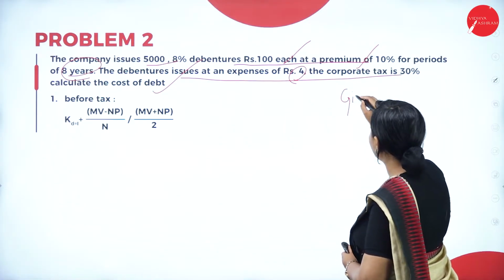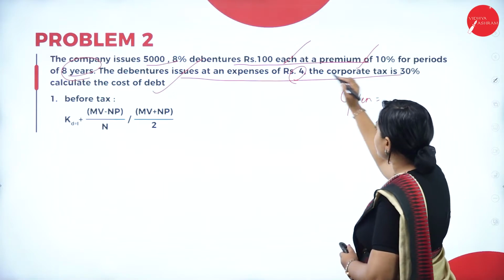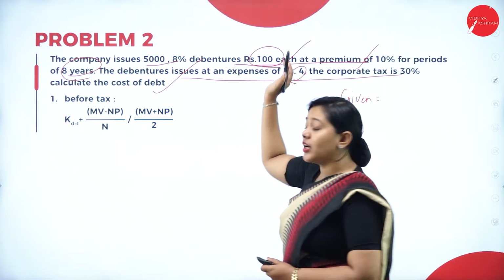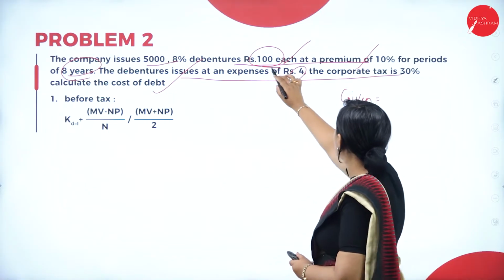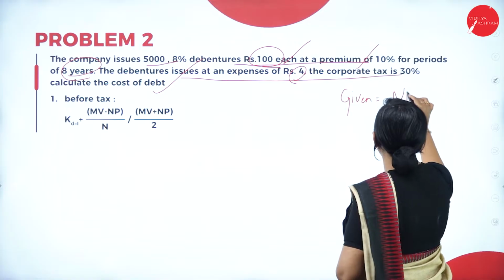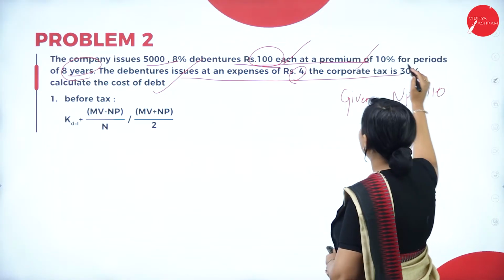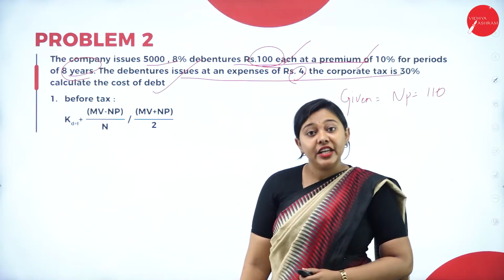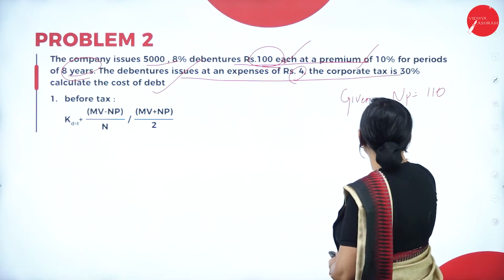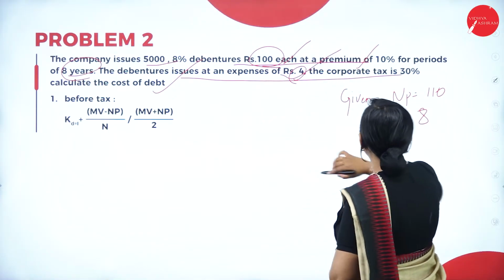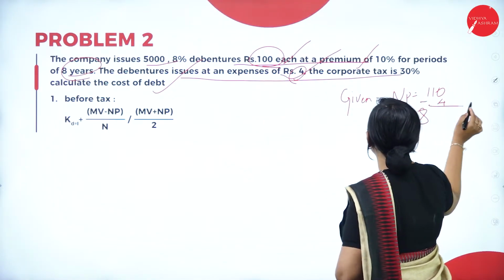Let's write down what is given in the question. 5,000, 8% debentures. So 100 rupees is the face value. While issuing, they are issuing it at 10% premium. So 110 will be the proceeds. Similarly, 8% debenture, 100 into 8%, interest is 8 rupees. Then while issuing, they incurred 4 rupees as expenses.